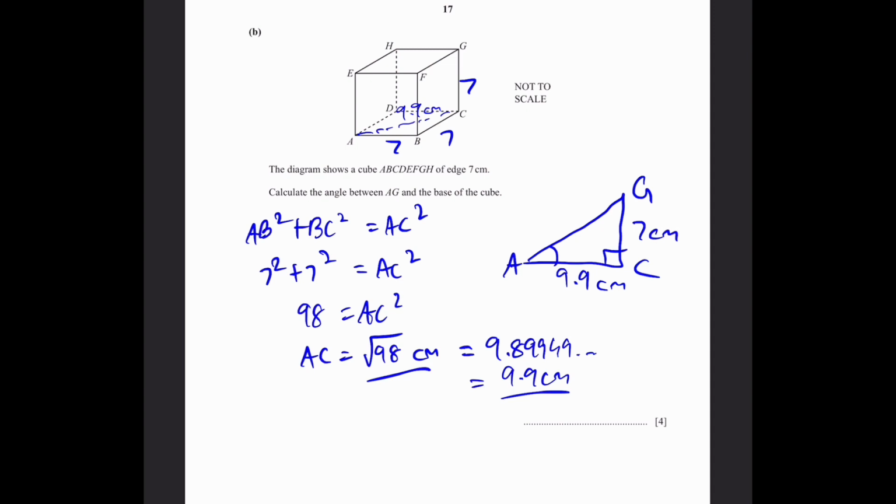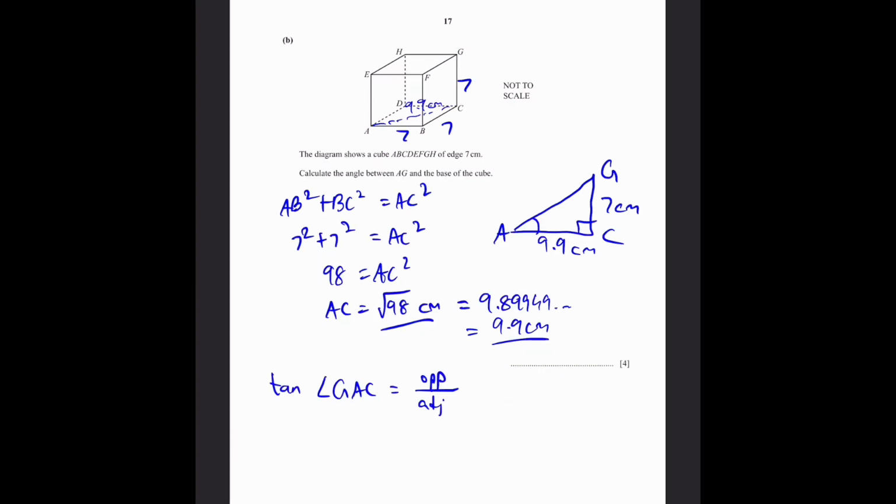We can simply do the tan of this angle is equal to opposite by adjacent, right? So tan of angle GAC equals opposite by adjacent. Tan of angle GAC equals 7 divided by 9.9.